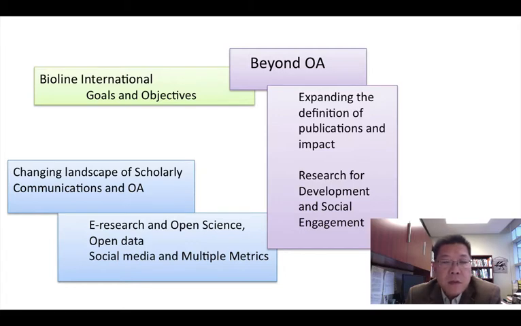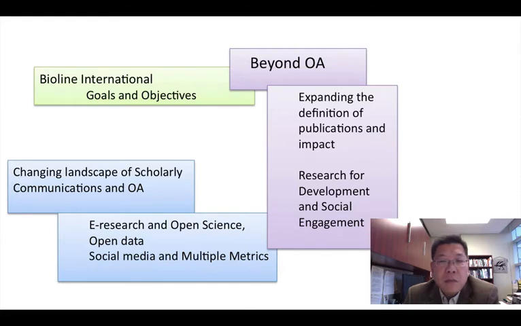And in a developing countries context, we're more interested in the impact research has on development issues: alleviation of food insecurity, improvement of public health, improvement of governance, transparency, and improvement in democracy, human rights, and social engagement.